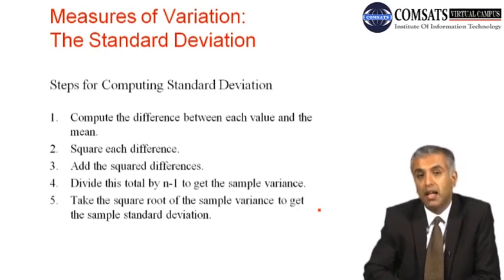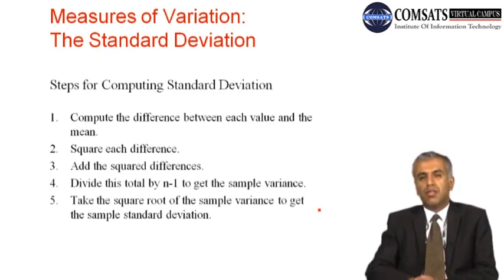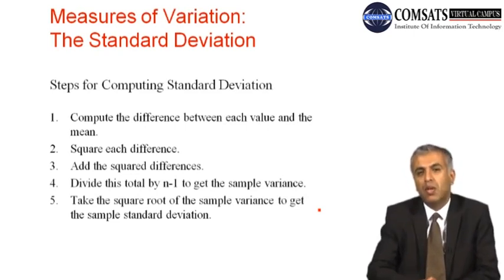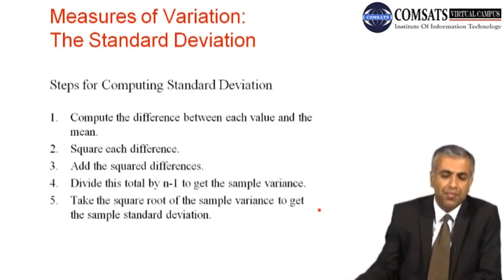And if we take the square root of that sample variance, we can easily get the sample standard deviation. So these are the various steps, presented in summary, to calculate the standard deviation and the variance for your convenience.